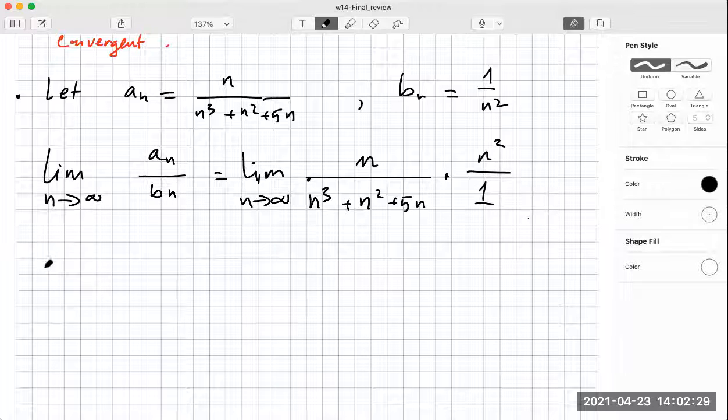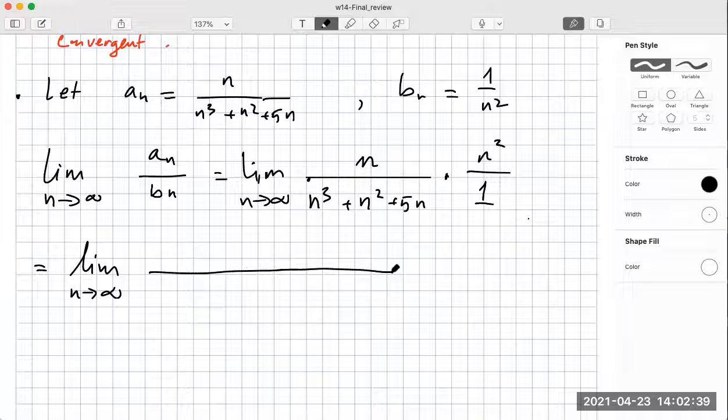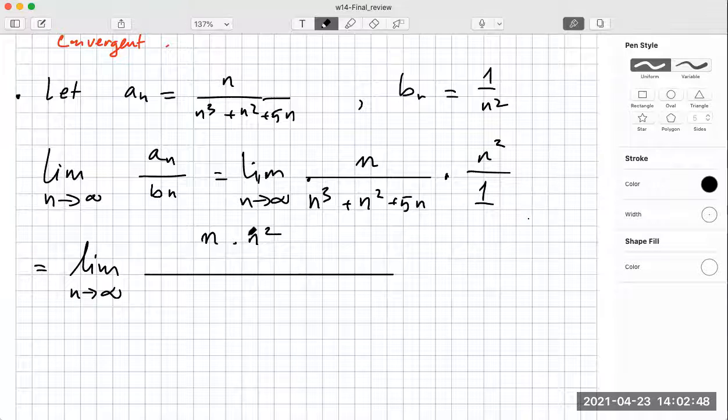Now, let us simplify it first. You don't have to simplify it; you can do it this way, I think it's faster. The numerator is n times n squared, and the denominator is n cubed plus n squared plus 5n. It multiplies with 1, so it doesn't matter here.